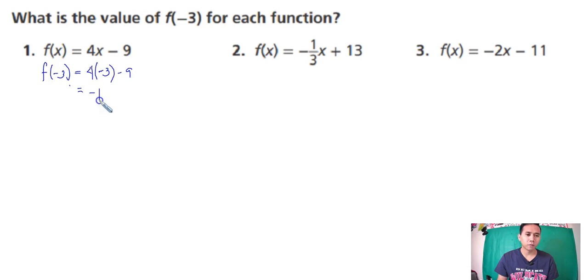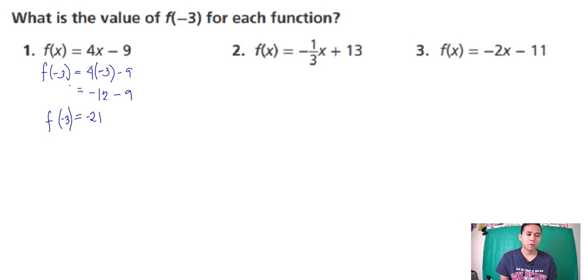This is negative 12, minus 9. Because both are negative, this will be negative 21. So f(-3) in this function will be negative 21.